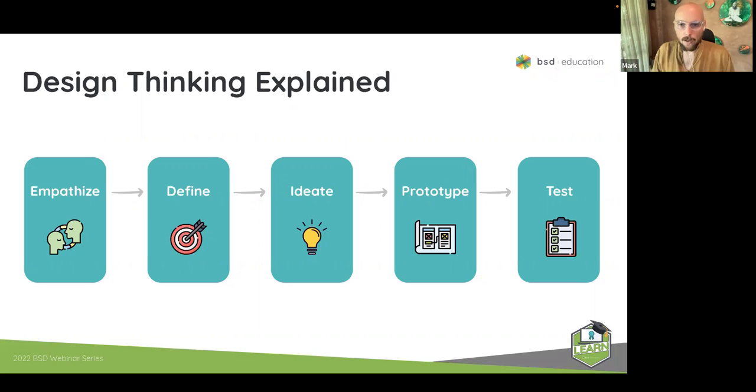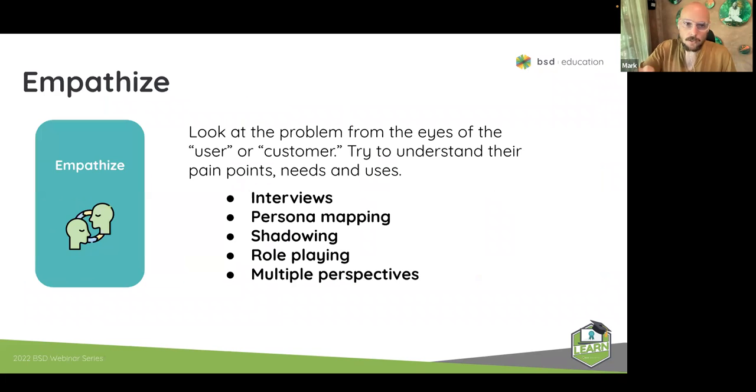Okay, so we're going to go through all of the stages and think through what this process would look like. All right, so the first step that we're going to take is we need to empathize with the user. So first thing we're going to do is identify who the user is. The user, kindergartners. And to be more specific, we can say, kindergartners who attend school in a first world country.